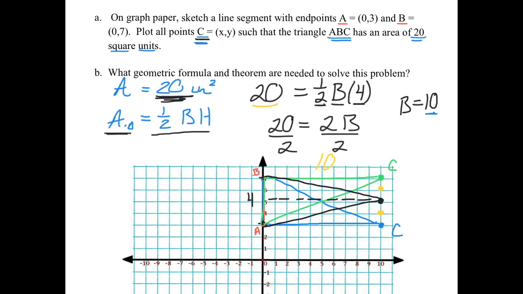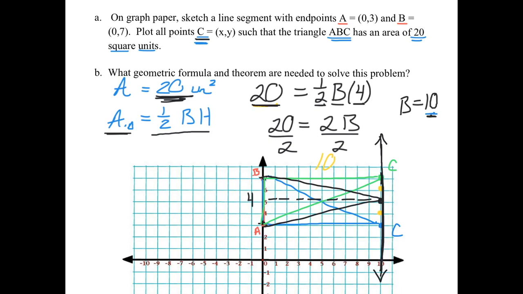So it looks like point C could be anywhere along this line right here. Any of these points on this line will give me a base of 10, which is therefore going to give me my area of 20.